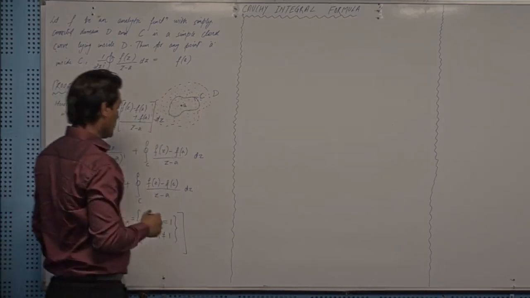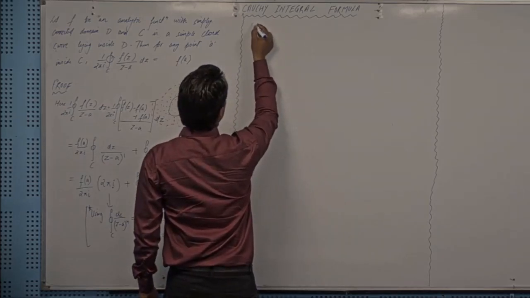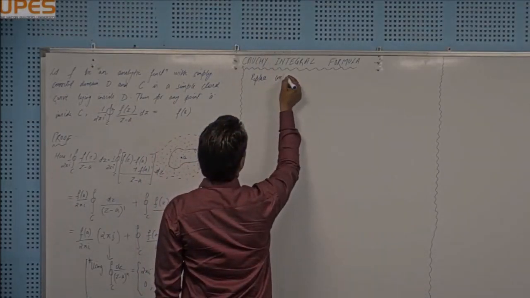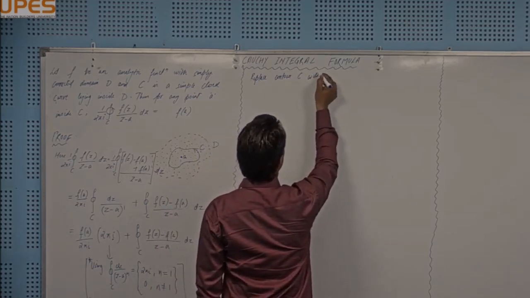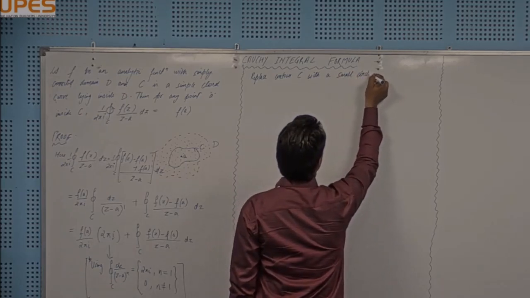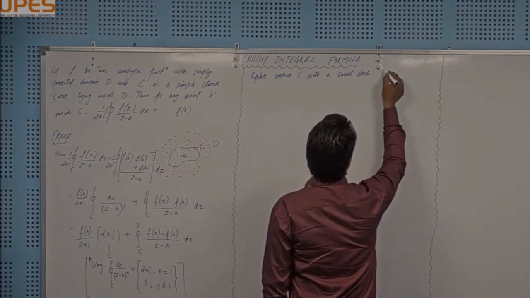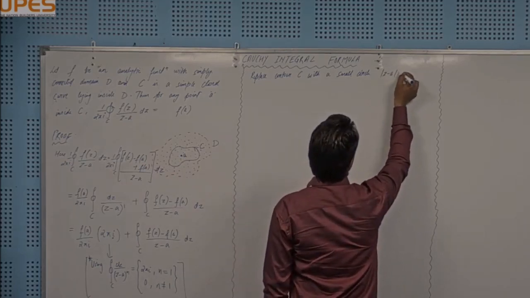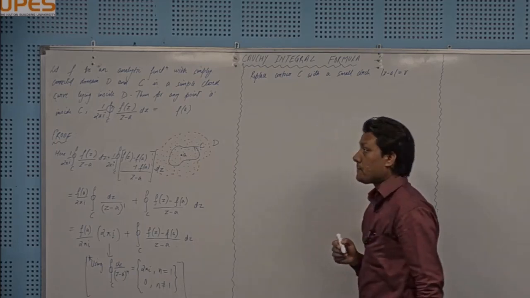I will write that first: replace contour C with a small circle centered at a, mod z minus a is equal to r, and r is small.